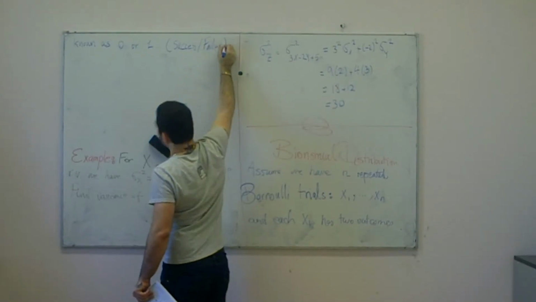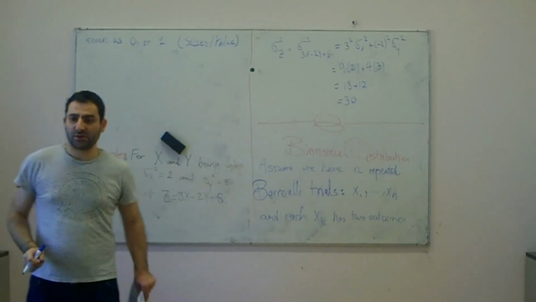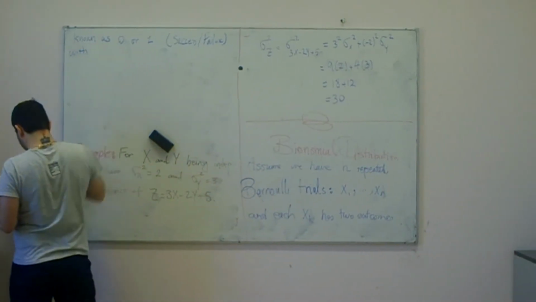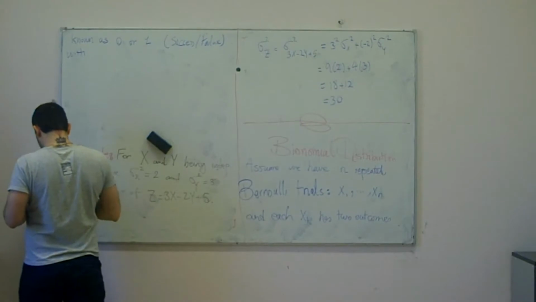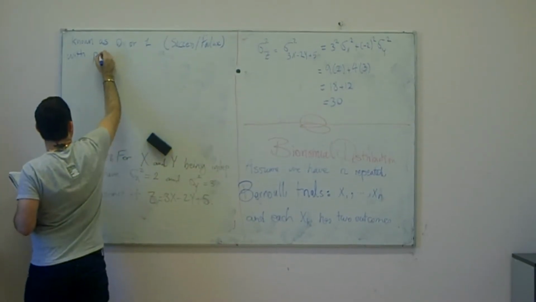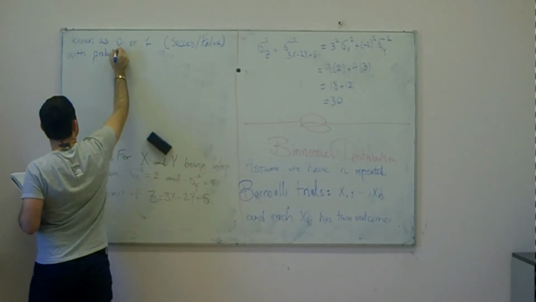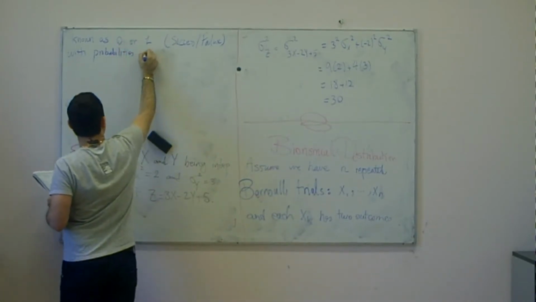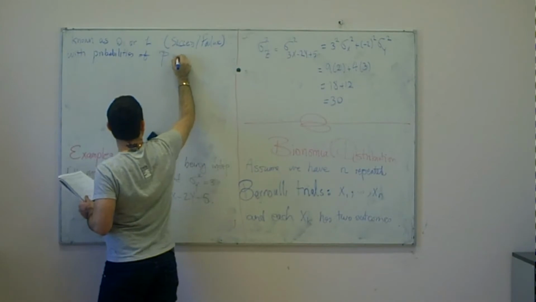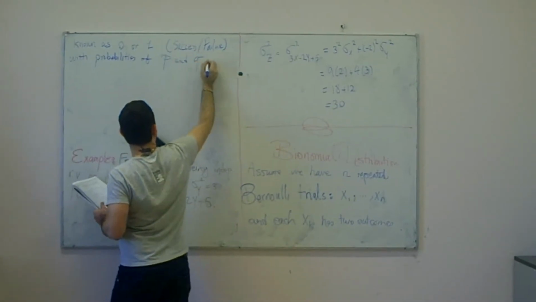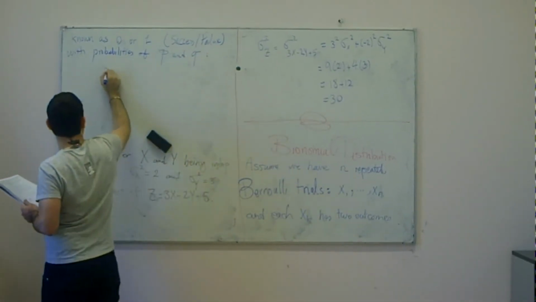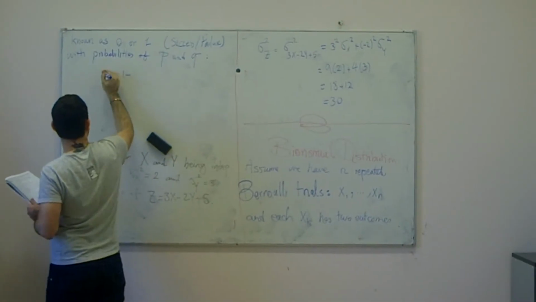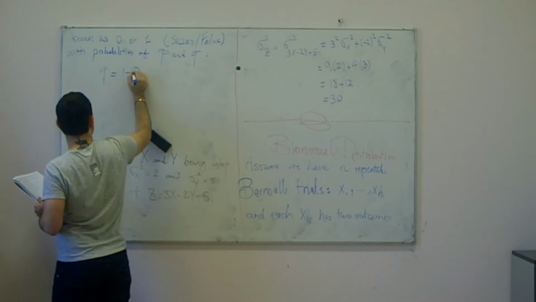So we have only a binary decision with probabilities of P and Q. We know that P and Q are complements of each other. So it means that Q is 1 minus P.